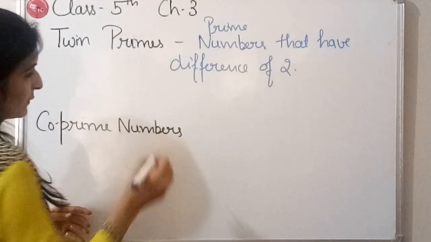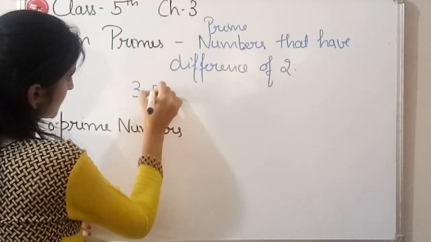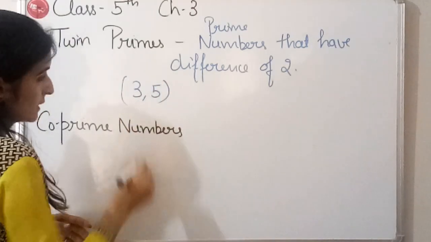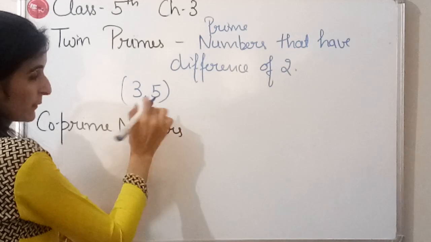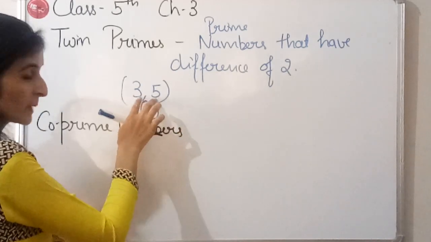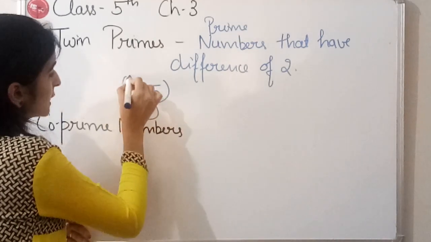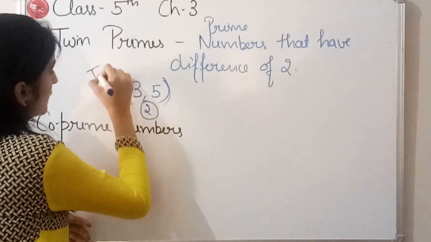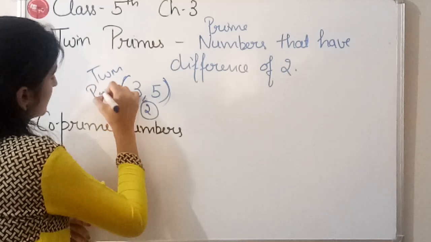So let us take one example. Suppose we have 3 and 5. 5 minus 3 is 2. So the difference between these two prime numbers is 2. So 3 and 5 are called twin prime numbers.